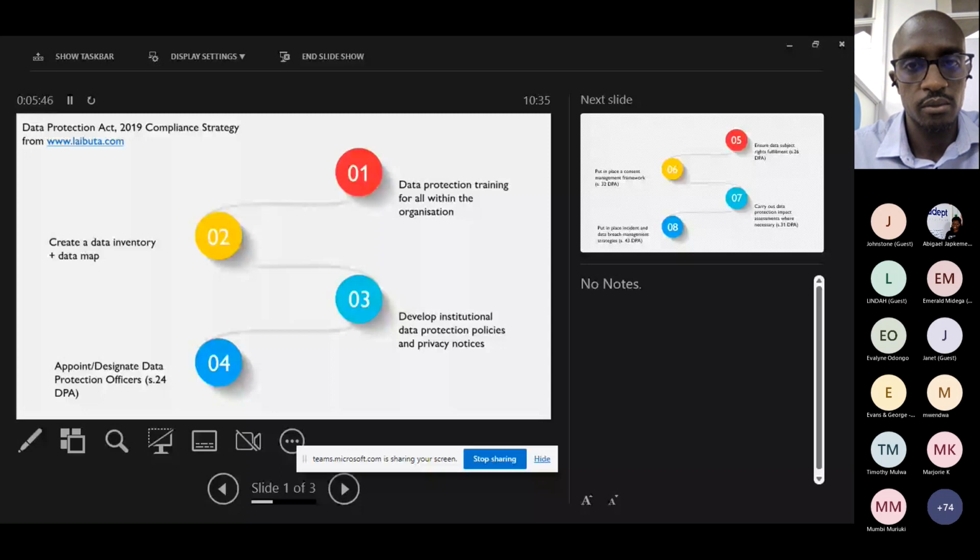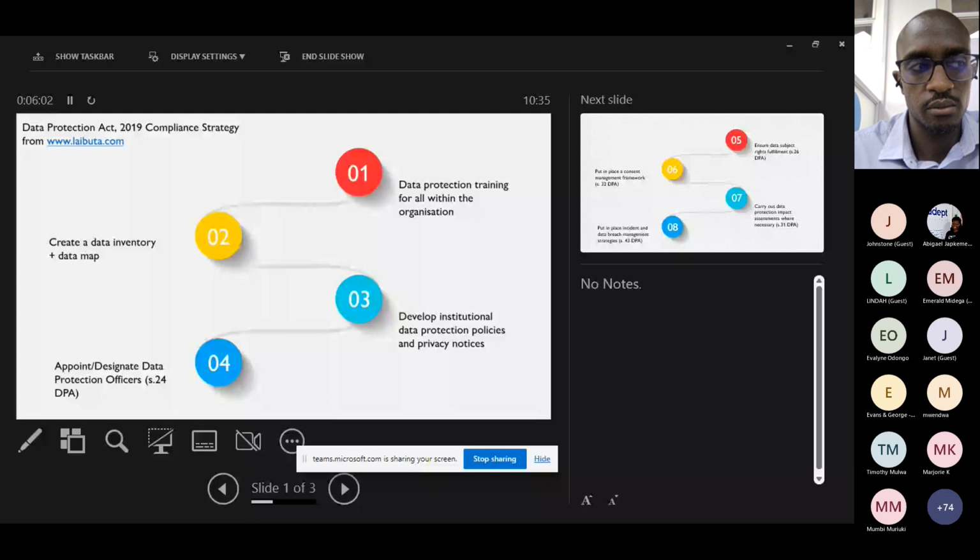So an institutional data protection policy has the same role, but with a focus on data protection. As an organization, who makes the decisions? What kind of data do you process? How do you escalate issues that arise, etc.